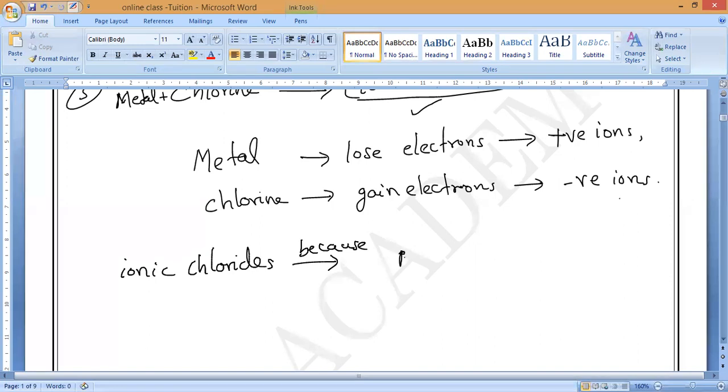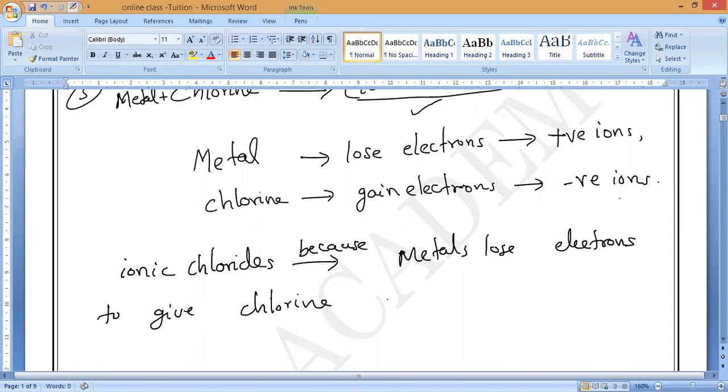Because metals lose electrons and give them to chlorine atoms to form negative ions. Okay, that is the reason.